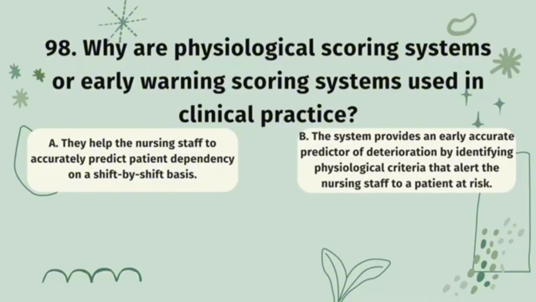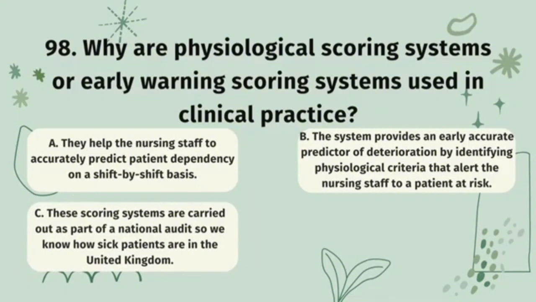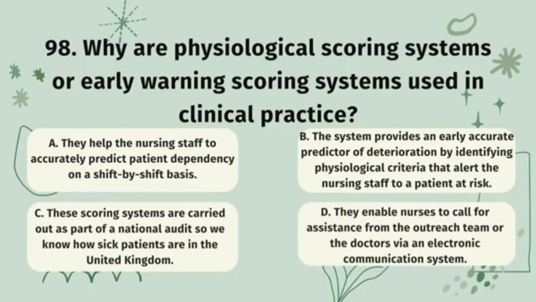Option B. The system provides an early accurate predictor of deterioration by identifying physiological criteria that alert the nursing staff to a patient at risk. Option C. These scoring systems are carried out as part of a national audit, so we know how sick patients are in the United Kingdom. Option D. They enable nurses to call for assistance from the outreach team or the doctors via an electronic communication system.